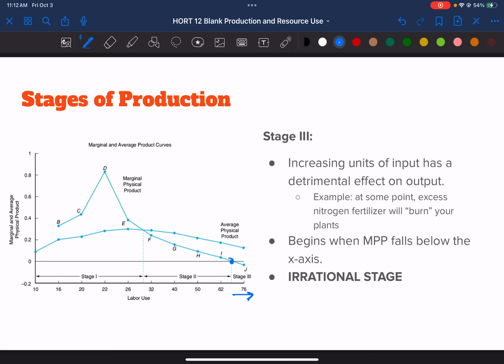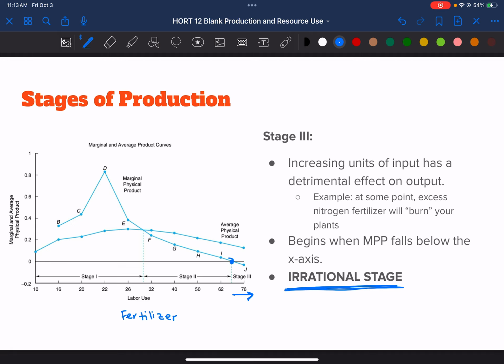Similarly, if we're talking about fertilizer as our input, at some point, as you keep adding fertilizer, you'll get to a point where nitrogen fertilizer will burn your plants. It will damage the plants so that they don't produce as well. So stage 3 is considered an irrational stage of production.